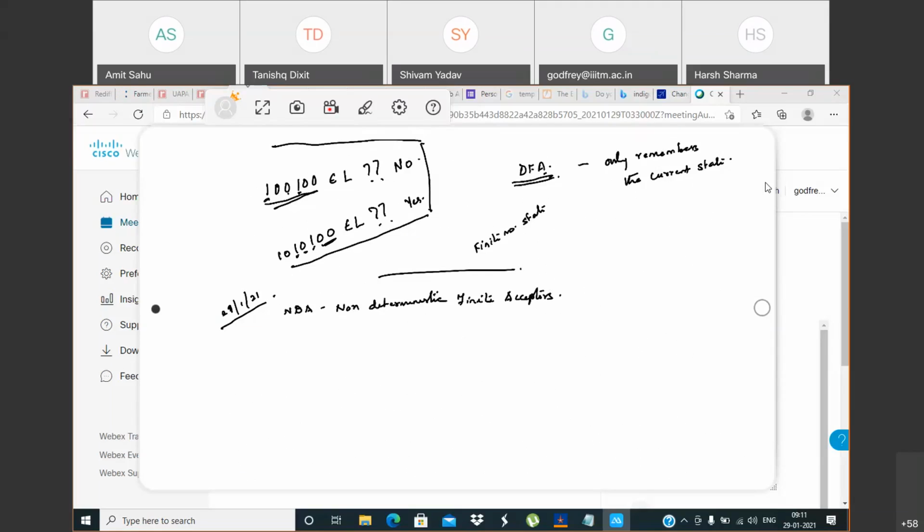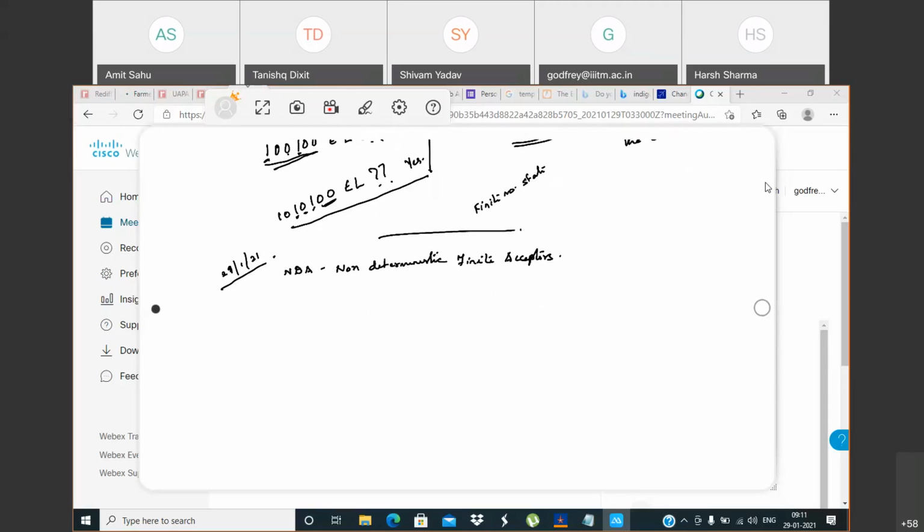So you have the complementaries, the deterministic finite acceptors, and here you have non-deterministic finite acceptors. Right? So now, why do you call a DFA a deterministic automaton?